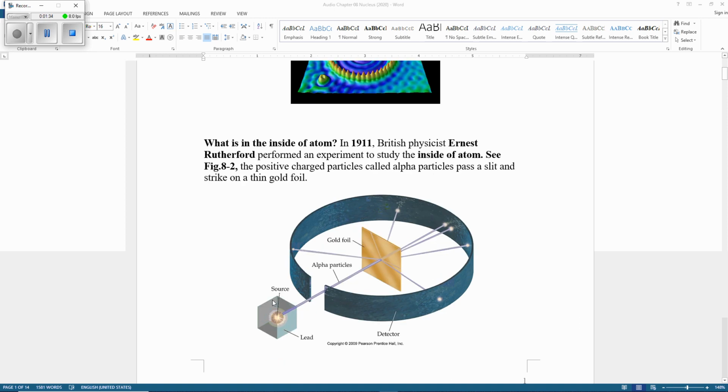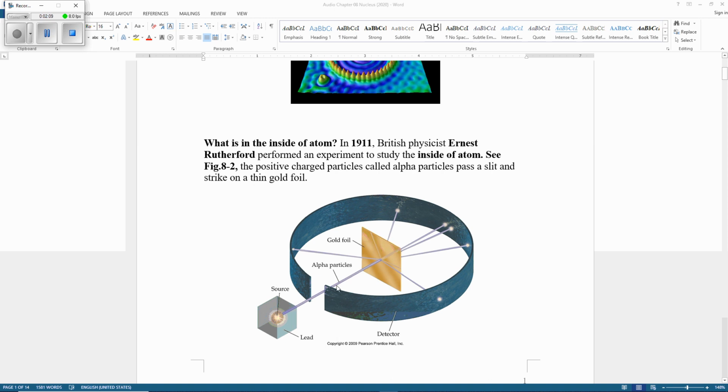And he used what we call alpha particles. We're going to study alpha decay later. Basically, alpha particles are positively charged, 2 protons and 2 neutrons. Now, when the alpha particle beam strikes a target, the target he used is gold foil, a very thin layer, very thin.